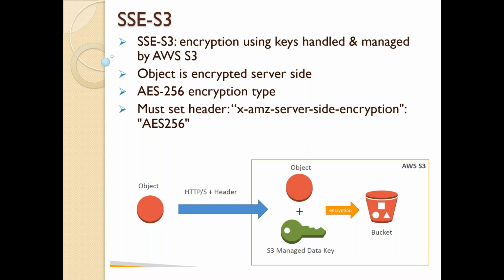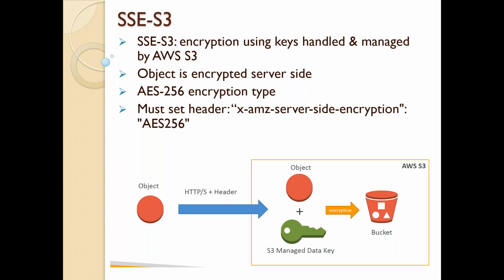Okay, this is the first type of encryption. Any questions here, guys? So understand this. Only if you understand this, you will be able to answer some of the questions in your exam or in your interview, right? This is the first level of encryption, and it's very, very simple.